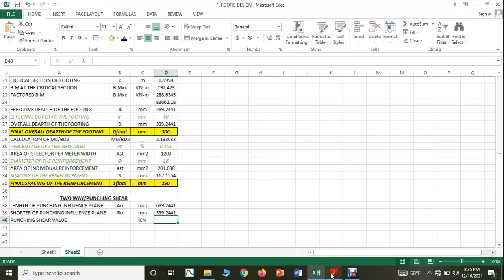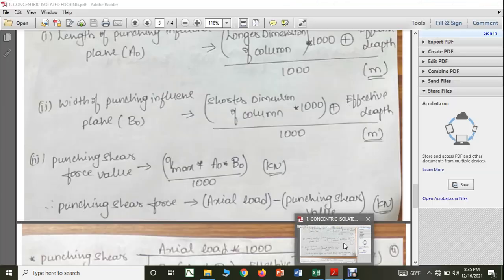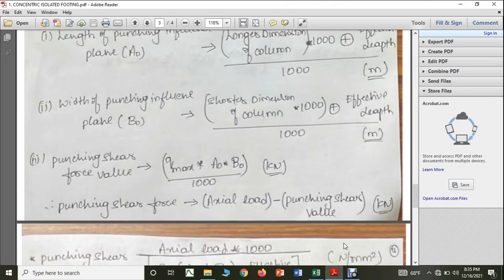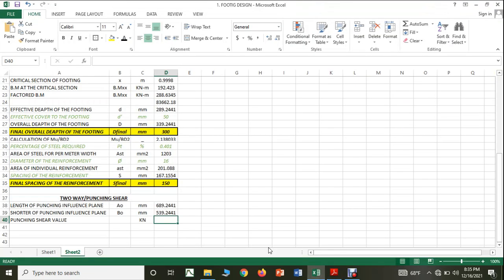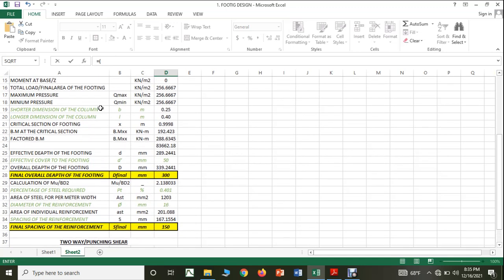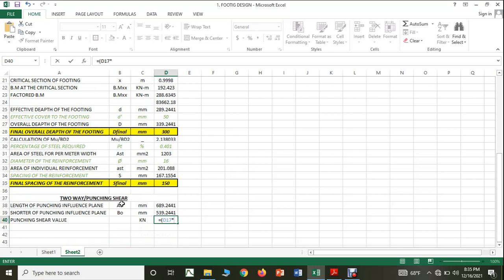What is the formula I have used? Q max into A0 into B0 by 1000. Q max is the maximum pressure, into A naught, into B naught, divided by 1000. I need to do one more 1000.